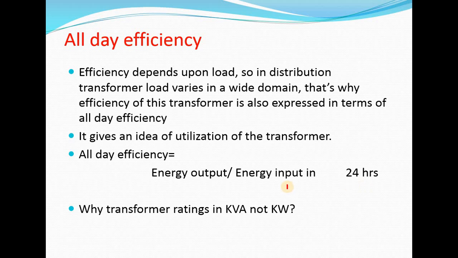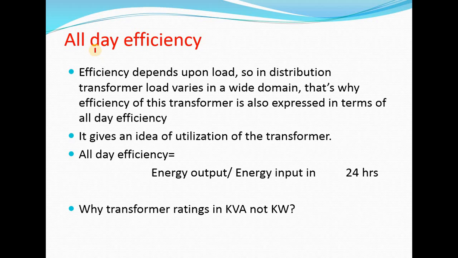Now come to another important term, the all day efficiency of the transformer. Why is all day efficiency required? Because in a distribution transformer, as we know, the load is changing throughout the day. At night the load is very low.